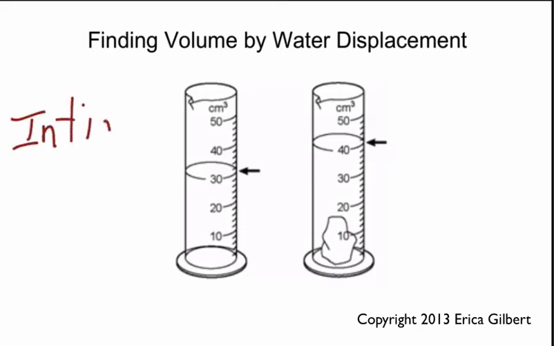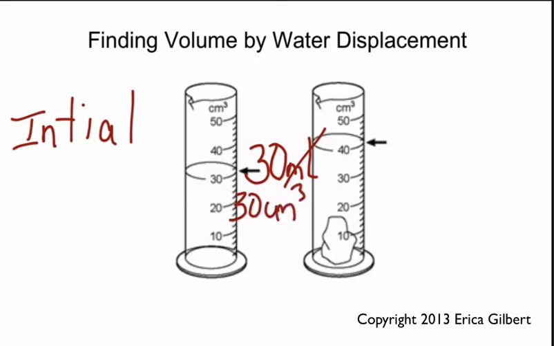So here, our initial volume would be 30 milliliters. But remember, since we're doing volume by water displacement, we're going to use 30 cubic centimeters. Okay, so our initial would be 30 cubic centimeters.